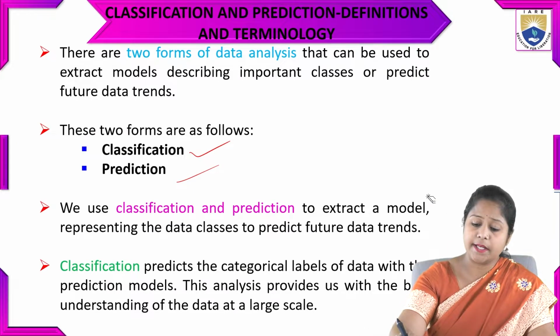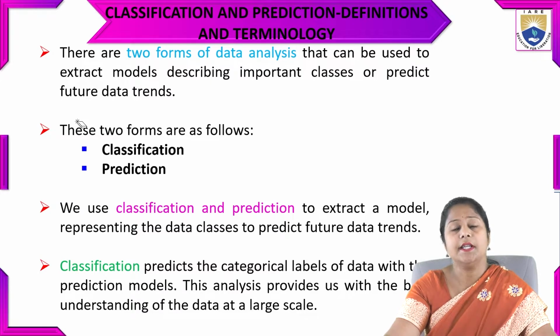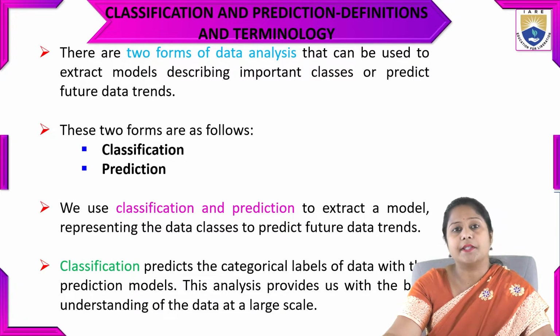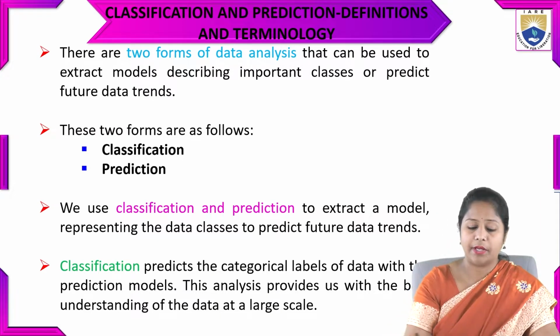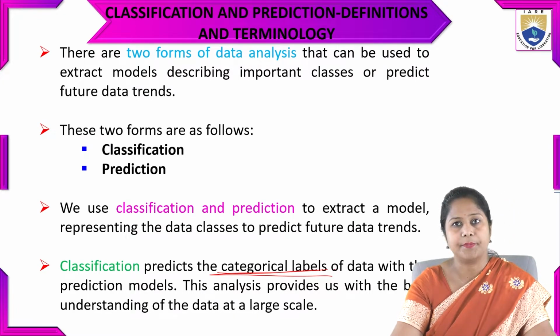So what is the exact definition of classification? Classification predicts the categorical labels of data with the prediction model. It works on categorical class labels.